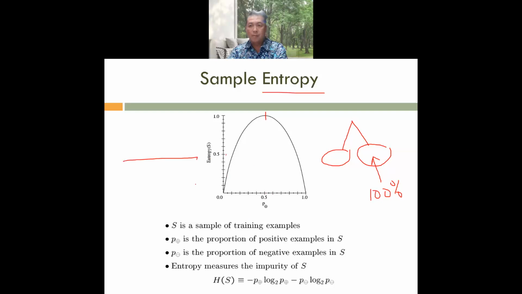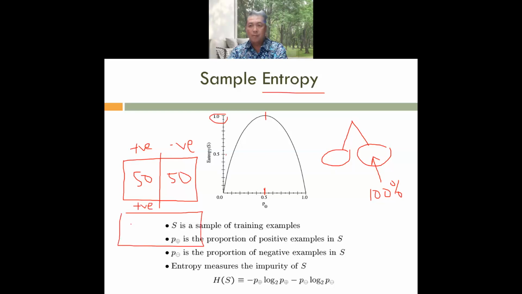When you have your dataset like this and you want to check positive or negative, it could be different percentages, but the maximum you can get is 50% and 50%. So this 50% is here, meaning that your entropy will be 1. But if you have 100% of them belonging to positive, then your entropy will be 0.